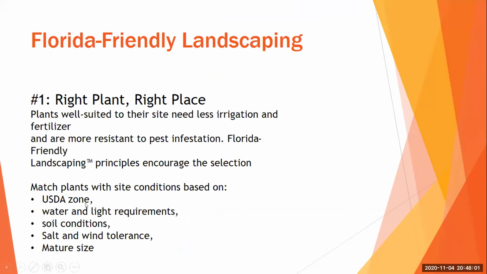So you need to take into consideration water and light requirements, soil conditions, salt and wind tolerance, USDA hardiness zone, this is temperature, and resistance to pests, etc. Okay, so there are a lot of criteria here that you need to take into consideration. If you are a very good designer, you need to take this into consideration.